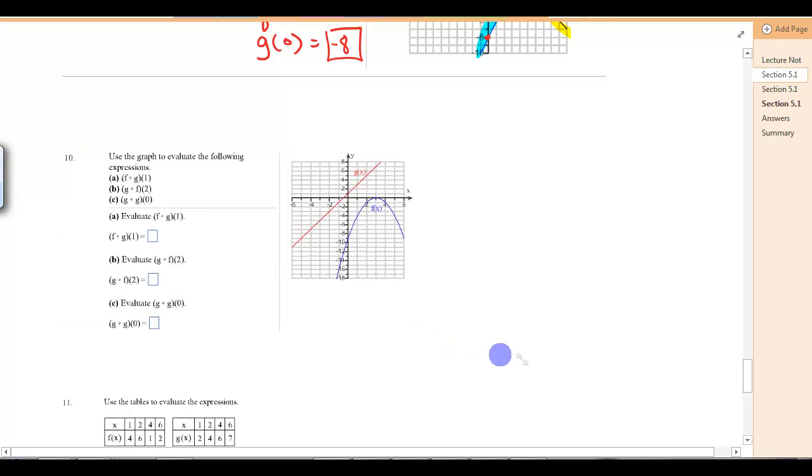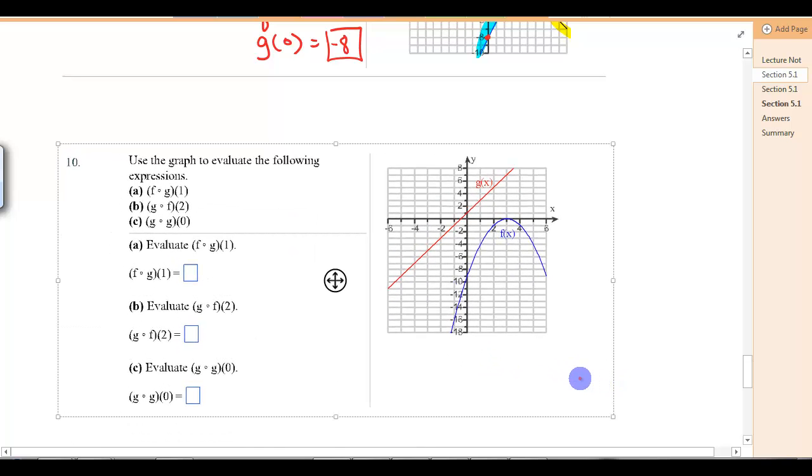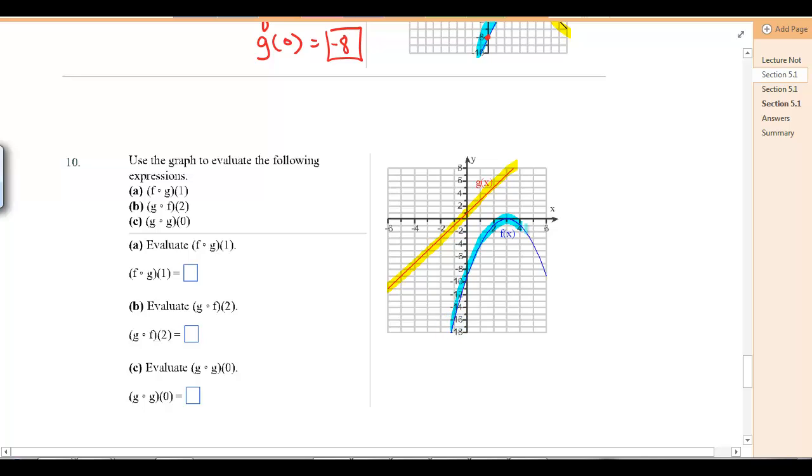Number 10. Okay, we've got a g line right here, and we've got f of x is this parabola here. All right, we're asked to find f of g of 1. So we will go to 1 on the x-axis, and we will go to the g, and we are at 3.